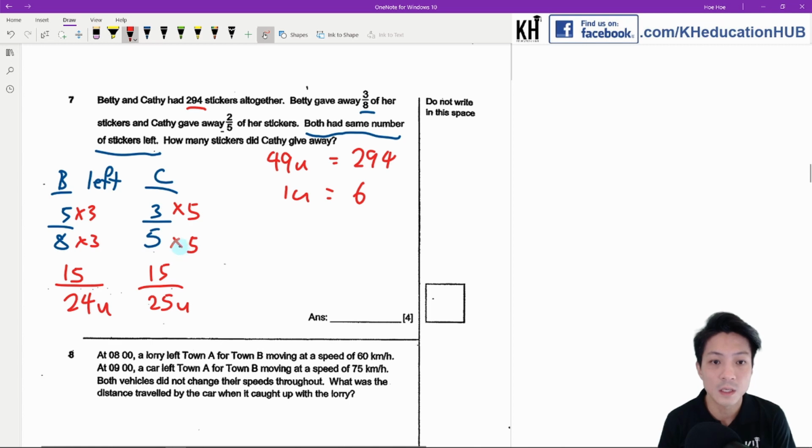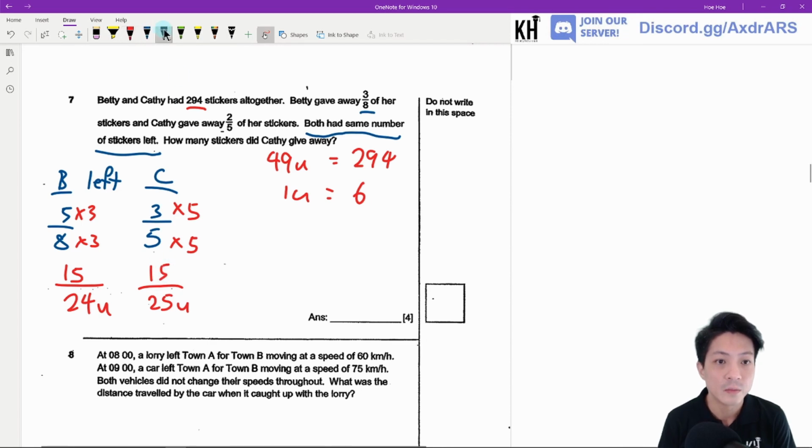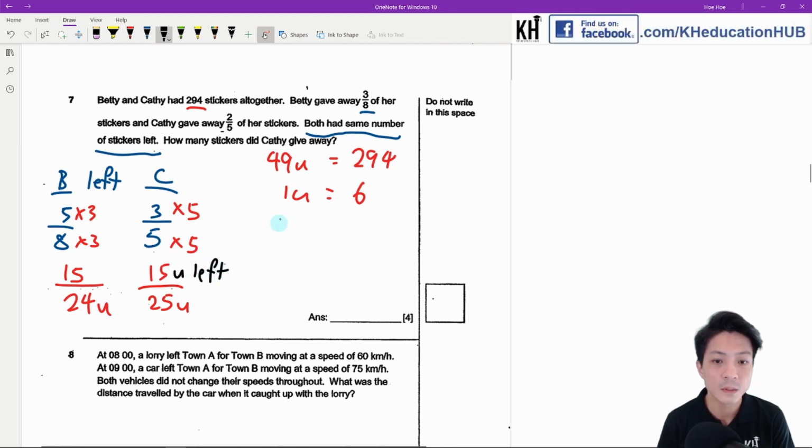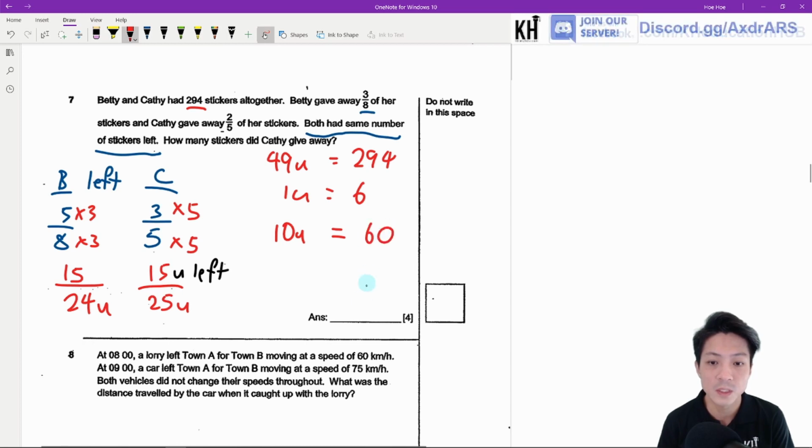In this case, Katie gave away 10 units, okay, and then she's left with 15 units. Remember, this 15 units is what's left. Okay, so Katie gave away 10 units. We're gonna find what is 10 units. Okay, 10 units will basically be equal to 60.